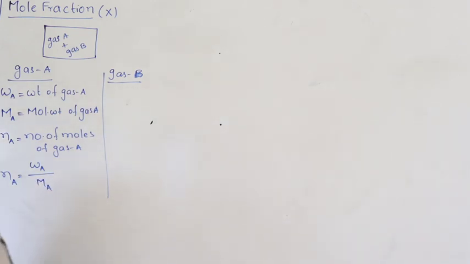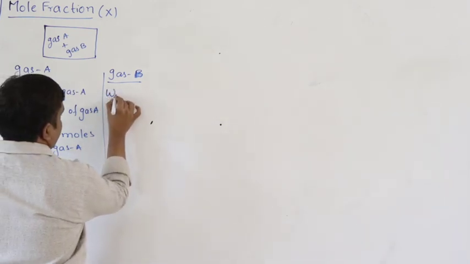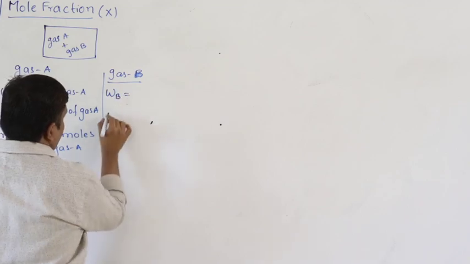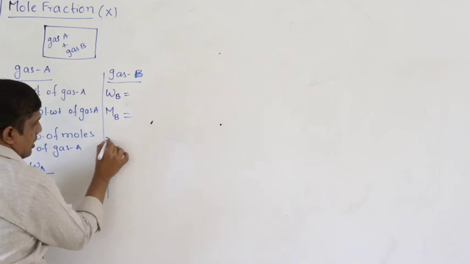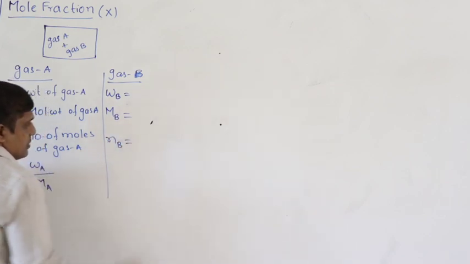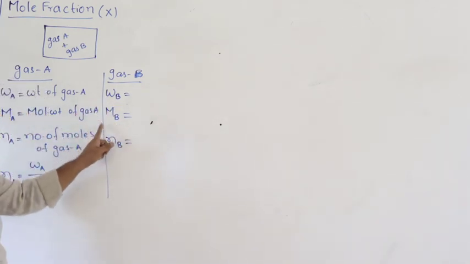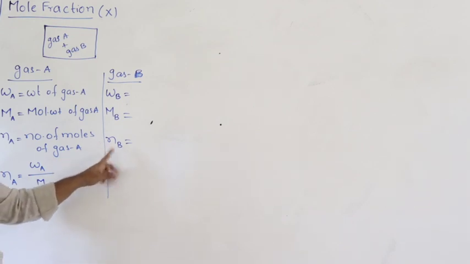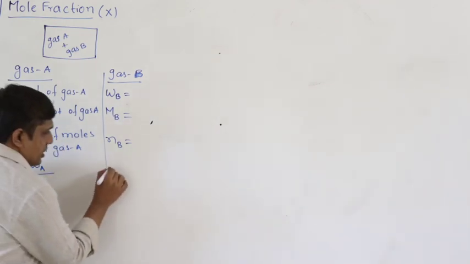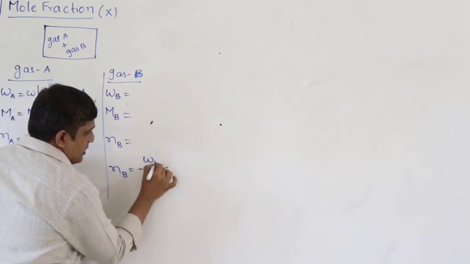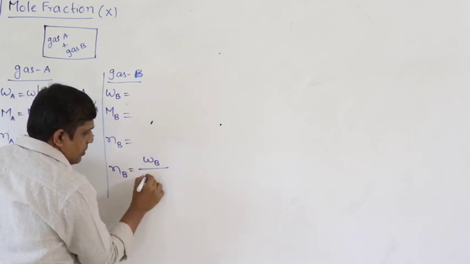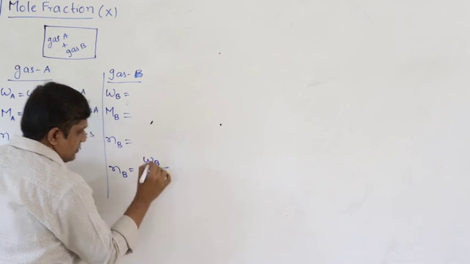In a similar way, we have to know weight of gas B, molecular weight of gas B, and number of moles of gas B. This will be given in the problem, so you have to substitute.